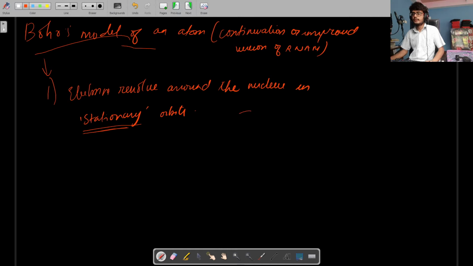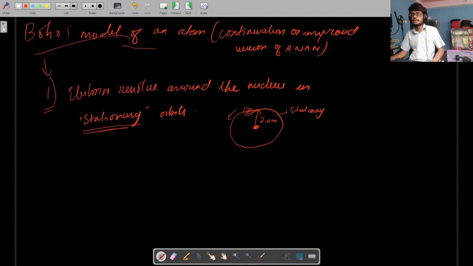Let's say this is the nucleus and this is the orbit of an electron, at around, let's say, 2 micrometer from the center of the nucleus. An electron is revolving around in this orbit, right? According to the first postulate of Bohr's model of an atom, this electron revolves in an orbit, and this orbit is known as a stationary orbit.